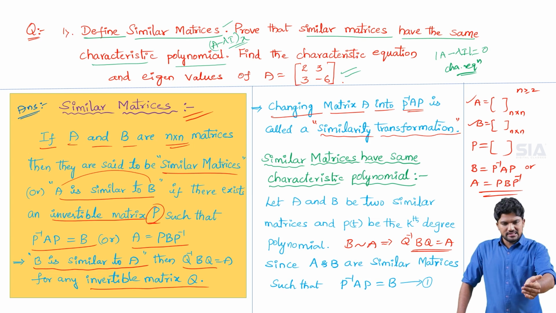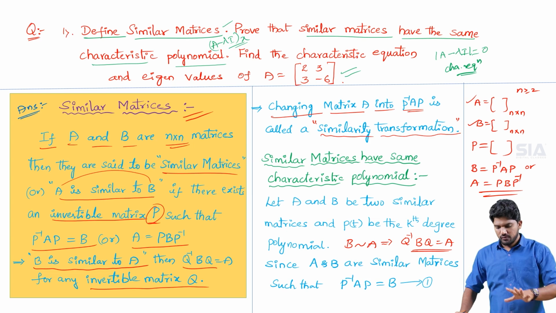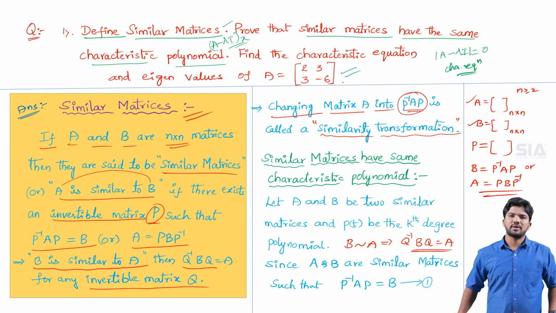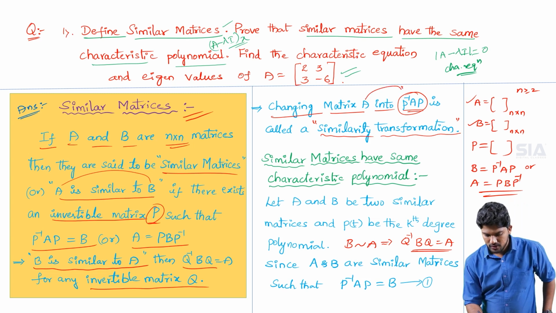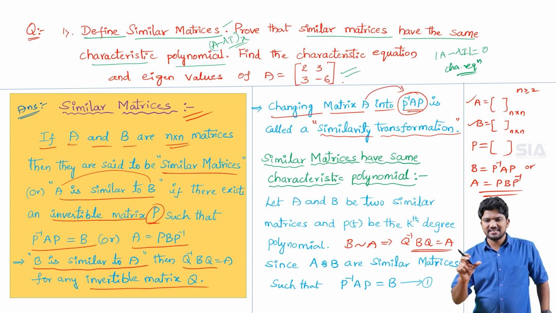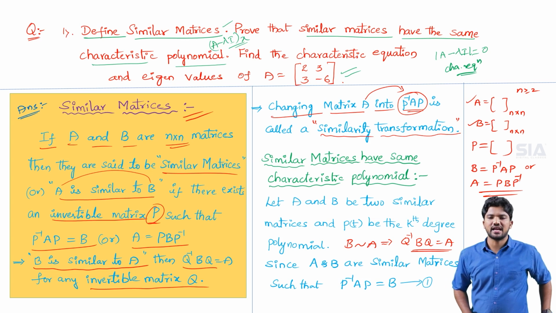While solving problems based on similar matrices, to find the similar matrix of capital A, we need to apply the property P inverse A P. That means from capital A to P inverse A P, that process is called similarity transformation, like a linear transformation. Why? Because the main concept is similar matrices. That's why we are calling it a similarity transformation. So that is the definition regarding that.